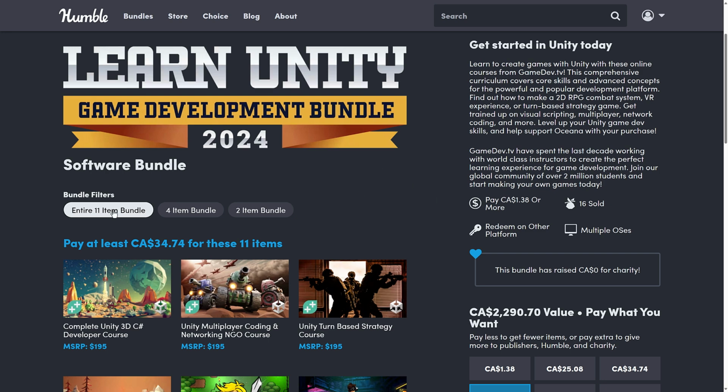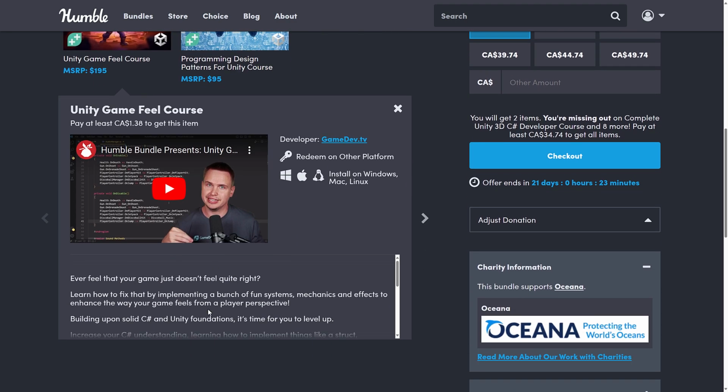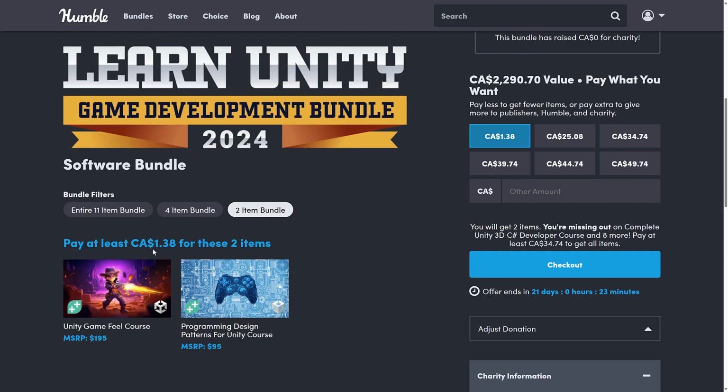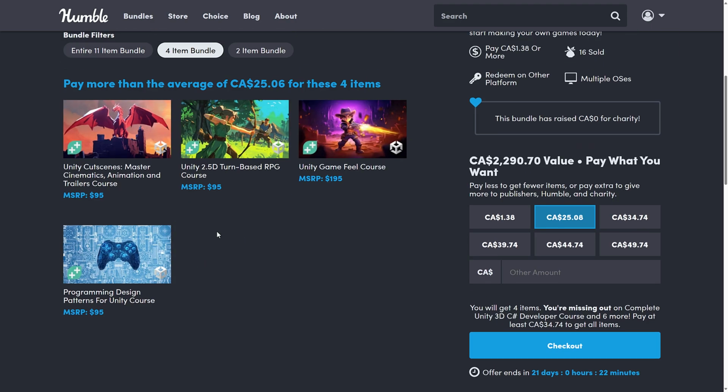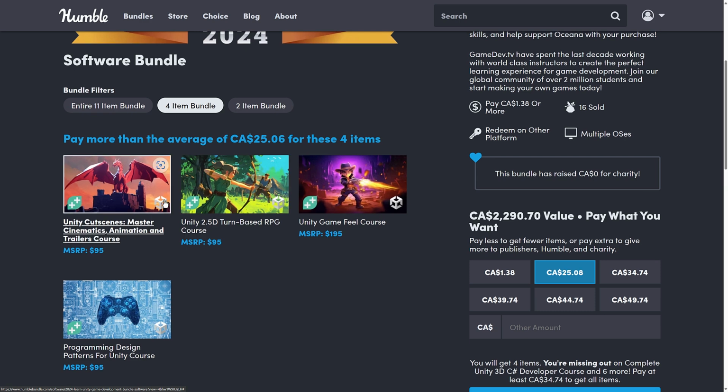It's organized into tiers. The highest dollar value tier is $25 USD. The $1 tier includes the Unity Games Field Course and Programming Design Patterns for Unity courses. So you see over here a breakdown of what that one is all about. Middle tier, which nobody buys because it never makes sense financially. But here you're getting cutscenes and also a 2.5D turn-based RPG course.